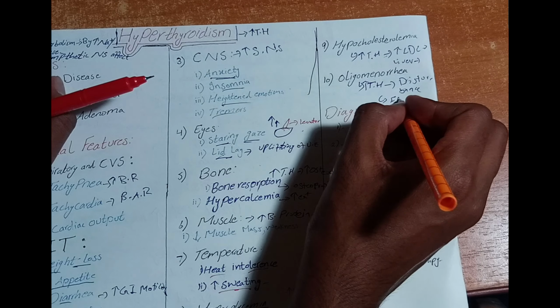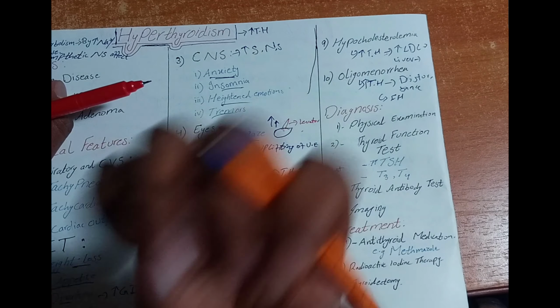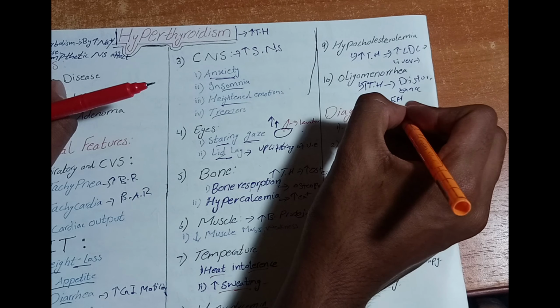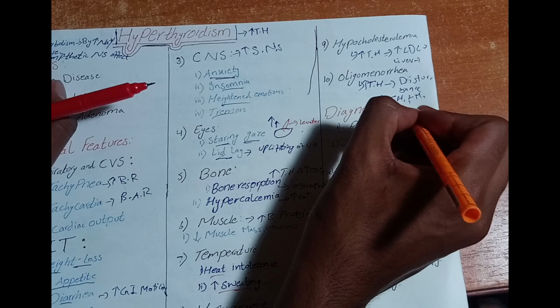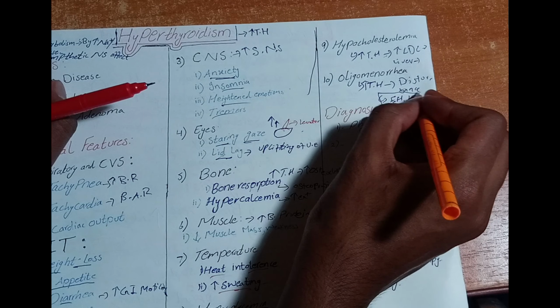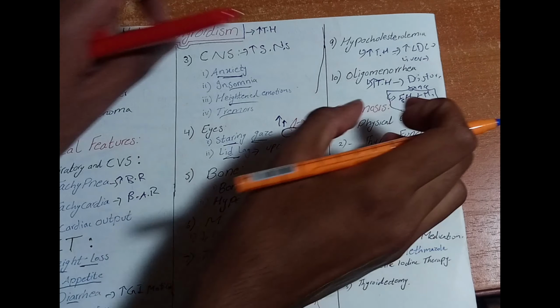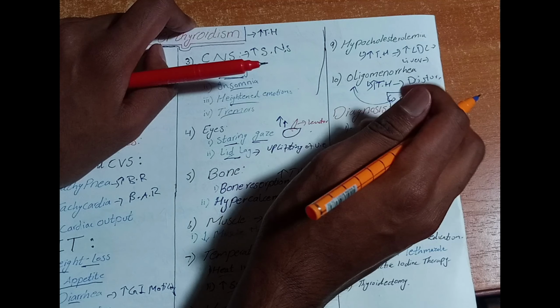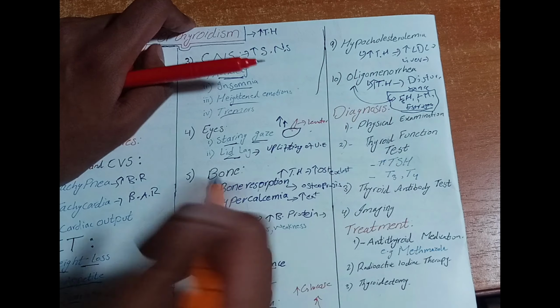It will disturb the gonadotropin releasing hormone, gonadotropin from our pituitary gland, which leads to FSH and LH, and with that estrogen. If these hormones are disturbed, then the patient presents with oligomenorrhea or infrequent menstrual bleeding.